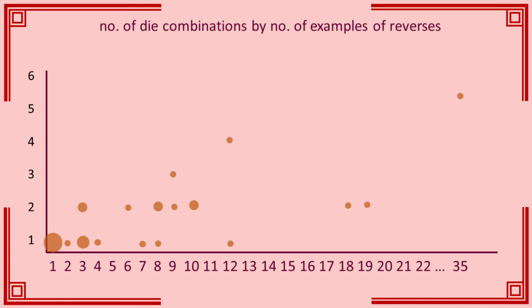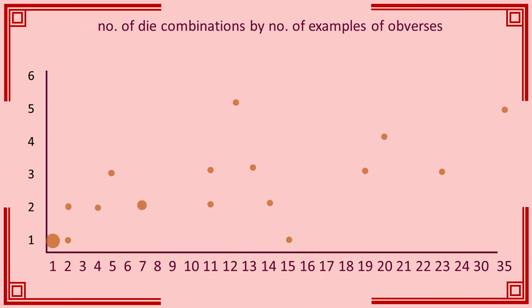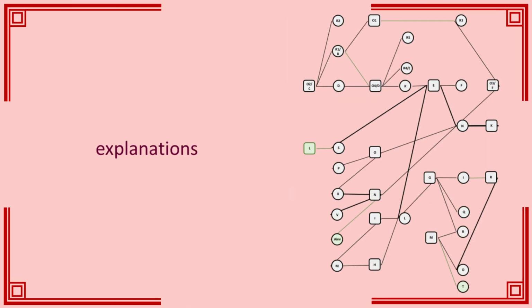The interesting feature of this chart is that it levels out well short of 6 combinations. The same pattern is apparent with the obverses, and this reflects what our die chart is showing us. This production just isn't that complicated or interconnected.